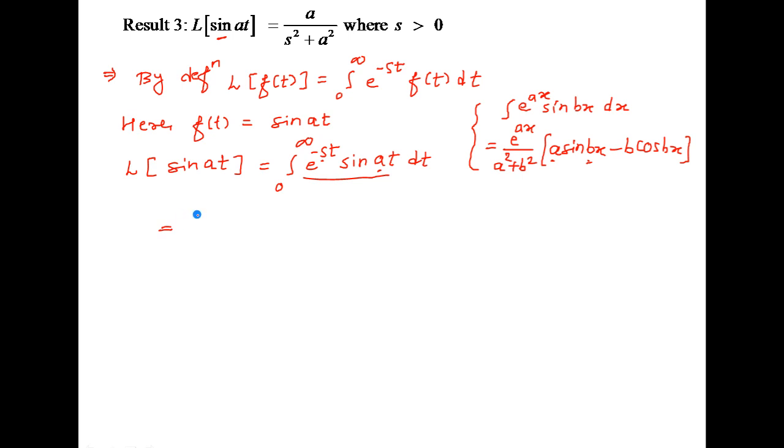So then according to the result it is e to the power minus st upon minus s square, that is plus s square plus a square, in bracket minus s sin at minus a cos at. Is it clear to all?